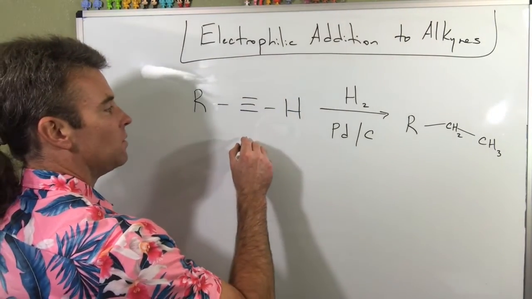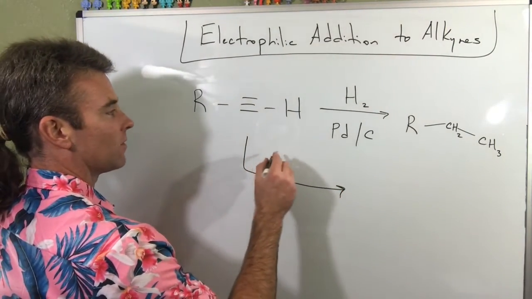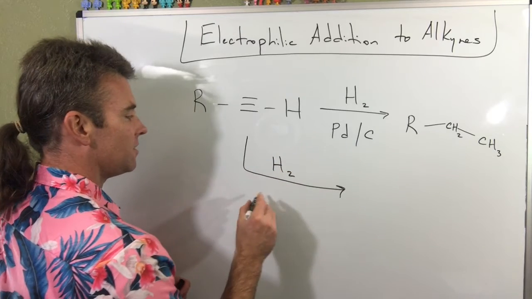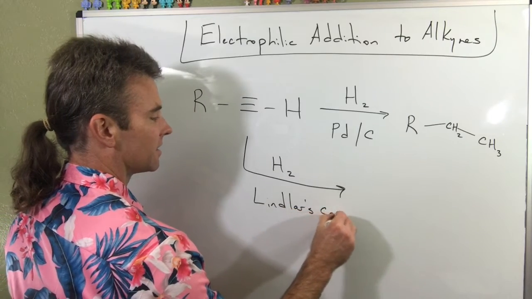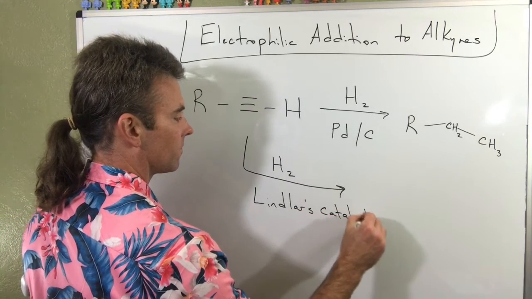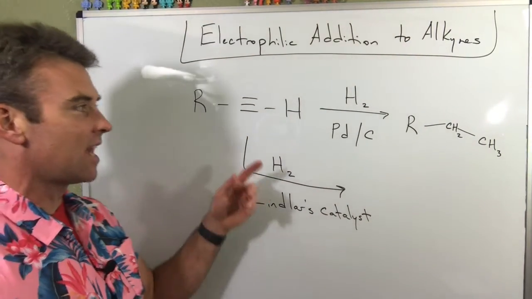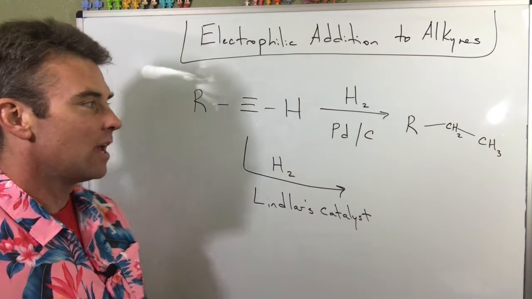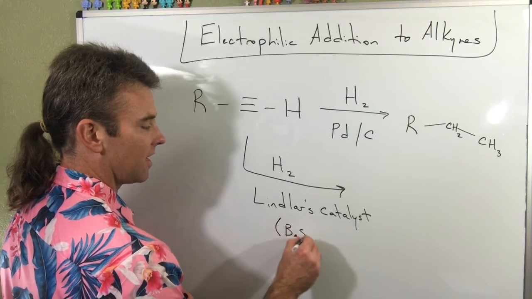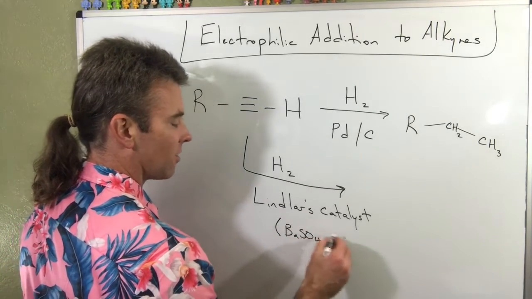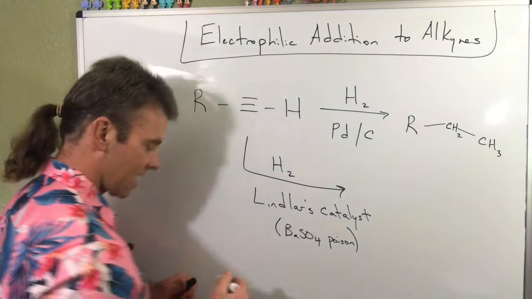So it turns out that if you want to stop at the halfway point, you have really 2 options. One is H2 with what's called Lindlar's catalyst. Lindlar's catalyst is a palladium on carbon system poisoned with something like barium sulfate, or there's a bunch of different poisons, but let's just say that a Lindlar's catalyst has a poison, right?